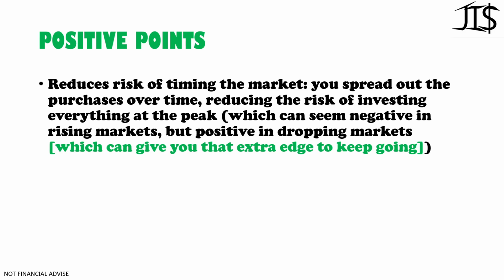So when the market is going down, you are averaging down your price, and then it seems that you are performing better than the market. And in times when the market is crashing, this can give you an extra edge in keeping going compared to other people that only see the negative numbers going down and down and down more.